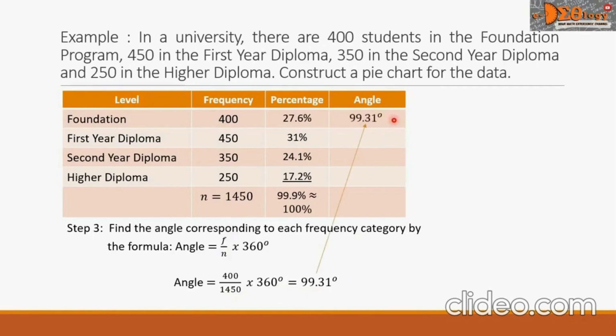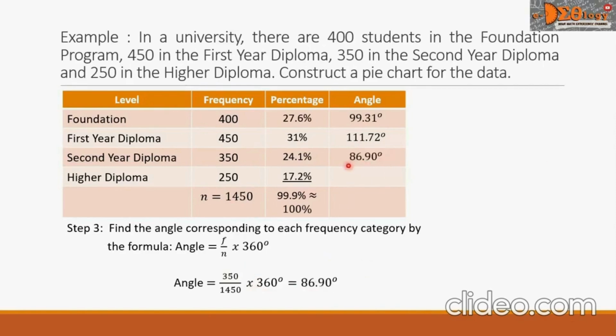Next, for this blank, we will follow the same formula. So we will get 111.72 degrees. We will get this when we have 450 divided by the N, 1450 times 360 degrees. So the value is here.